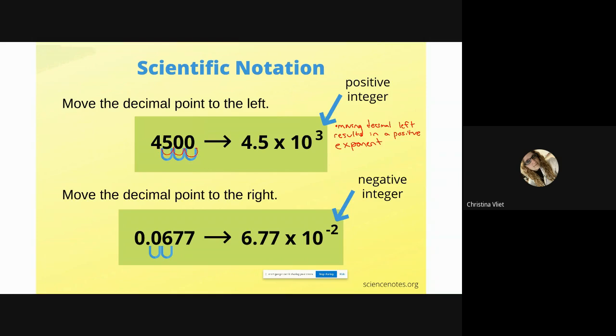Just for the purposes of getting scientific notation, you moved it 3 spots from the end of the number to right in front of the 4. And so because you moved it 3 spots, the exponent is 3, positive 3. This is standard form. And this is scientific notation. And these are both the same exact value.